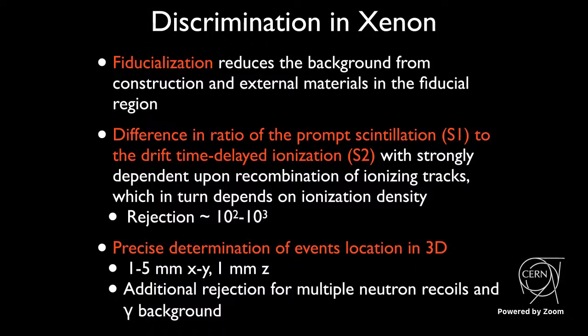As we said before, due to the clustered concentration of events at the top of the detector, you can determine the position in X and Y in the range of 1 to 5 millimeters, depending on the size of the photodetectors. And the depth in Z can be determined to the level of 1 millimeter, thanks to the difference in time between scintillation and ionization.